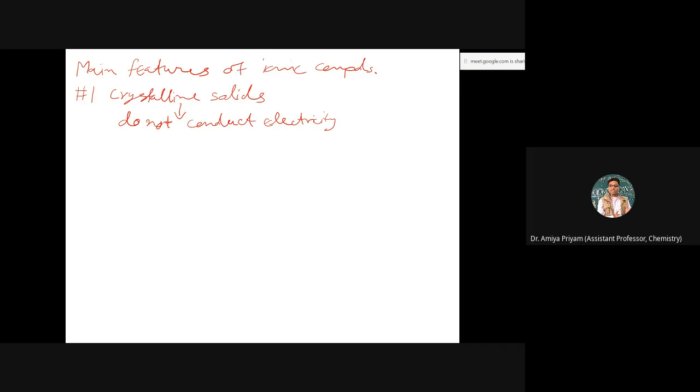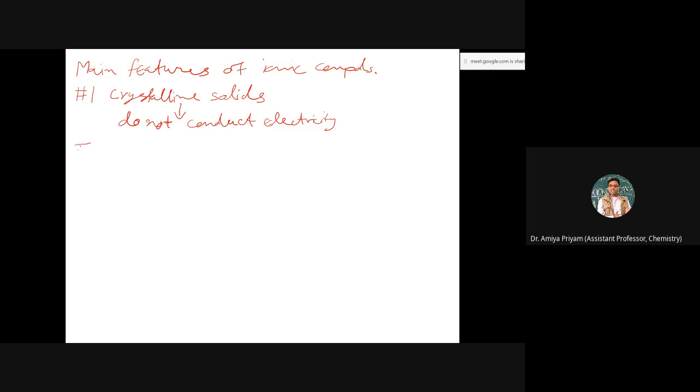When you apply an electric field from a battery, the ions are massive, tightly held by each other in the network that I told you, 1 Na plus surrounded by 6 Cl minus. So there is no movement of this Na plus or Cl minus when you apply current to a crystal. Okay, so there is no conduction.